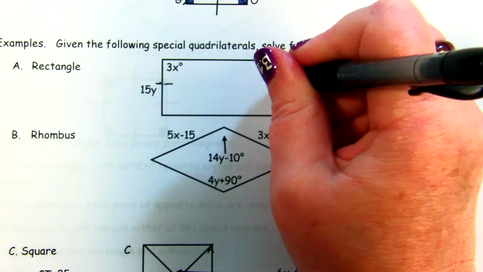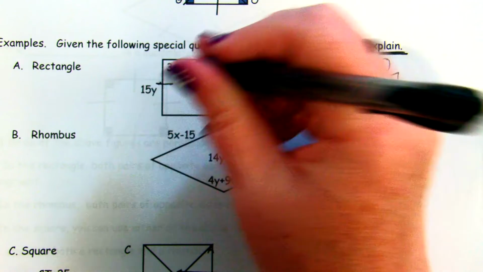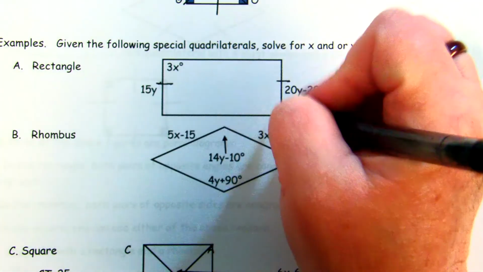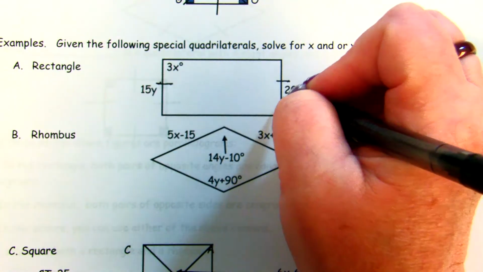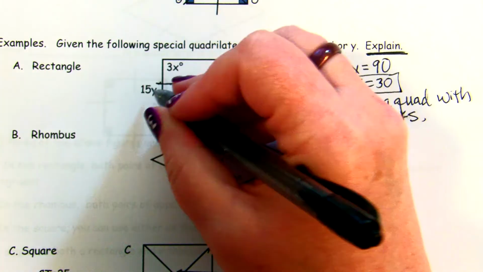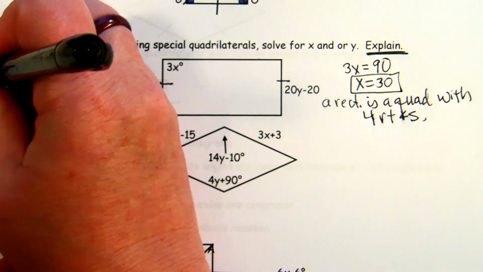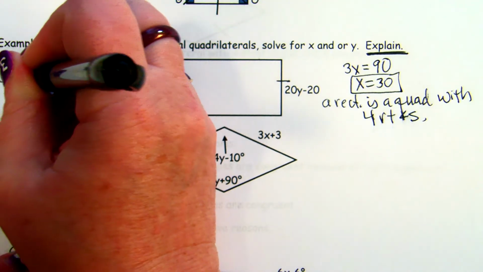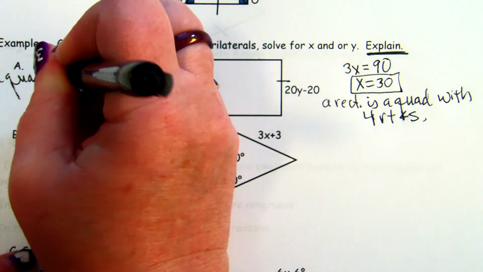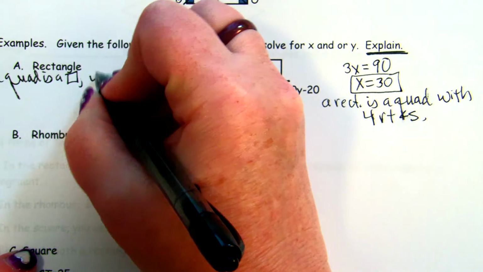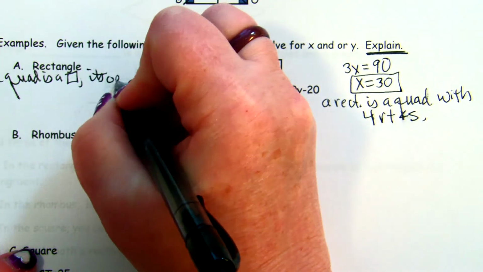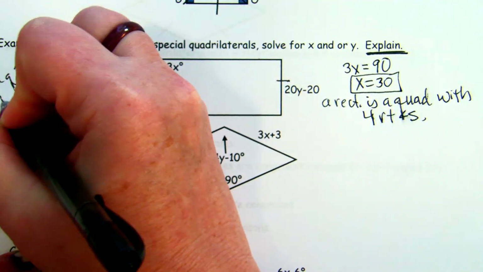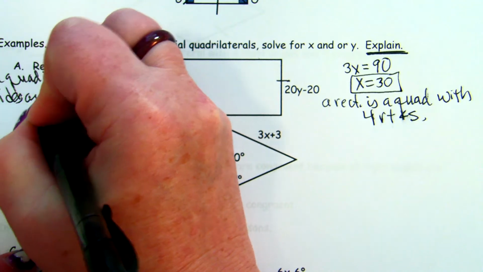And then this is congruent to this because the opposite sides of a rectangle are congruent, because it's a parallelogram. And if a quad is a parallelogram, its opposite sides are congruent.